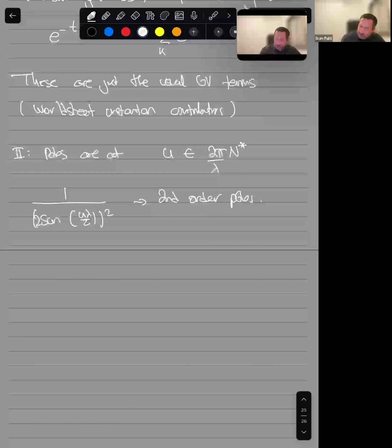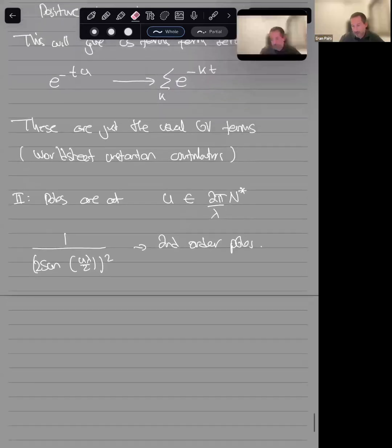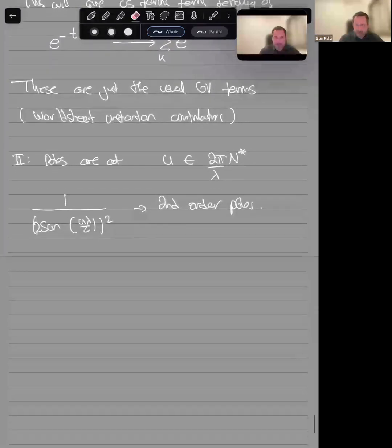Okay, so the initial contributions are counting BPS states, right, in the Calabi-Yau. So is there any interpretation of these contributions, what they are counting? Okay, let's have a look first of all what these contributions give us.